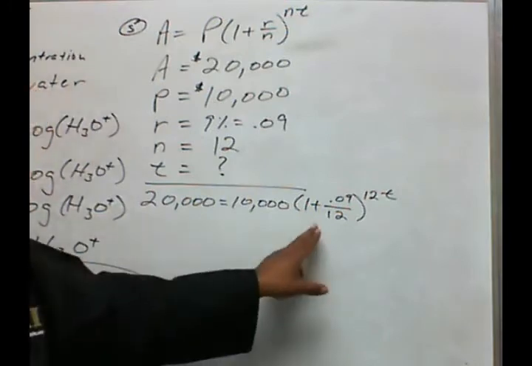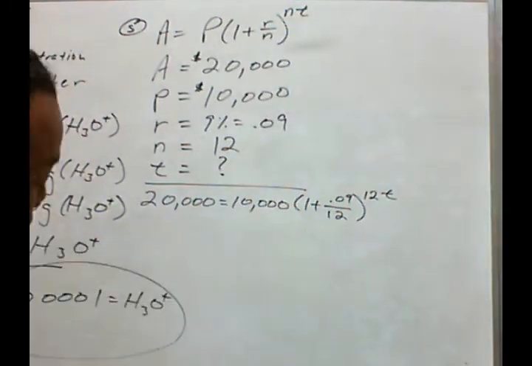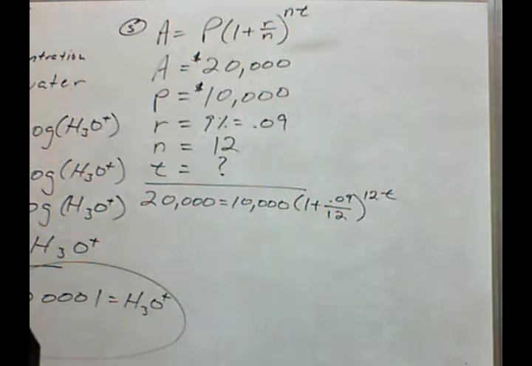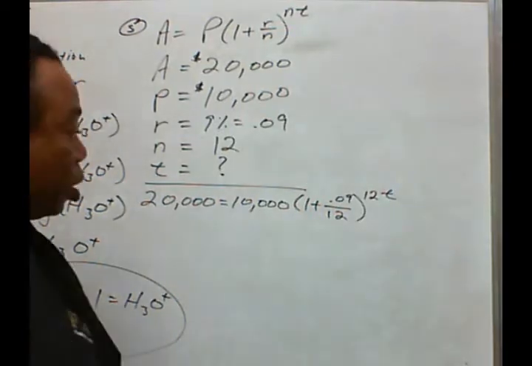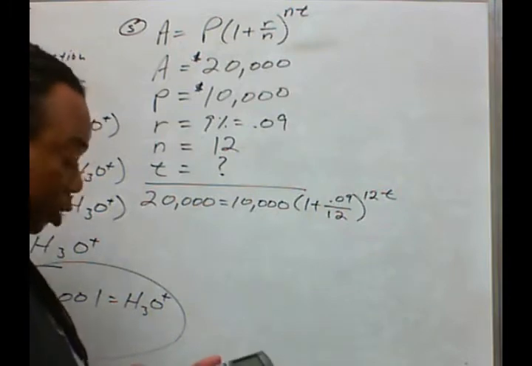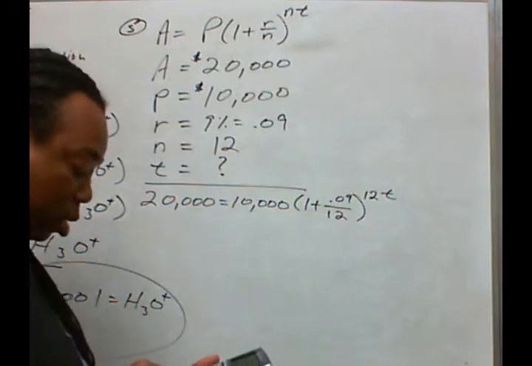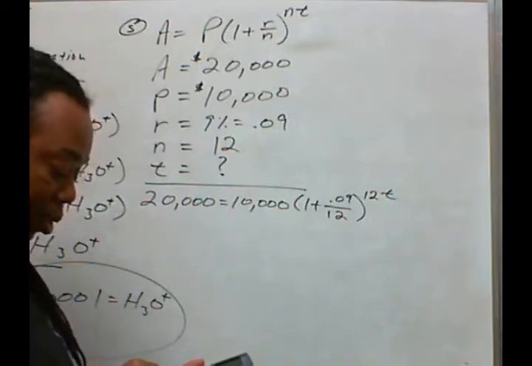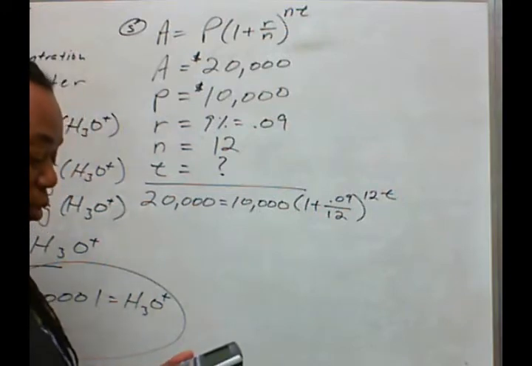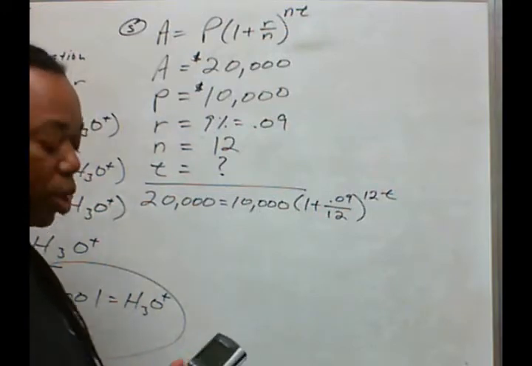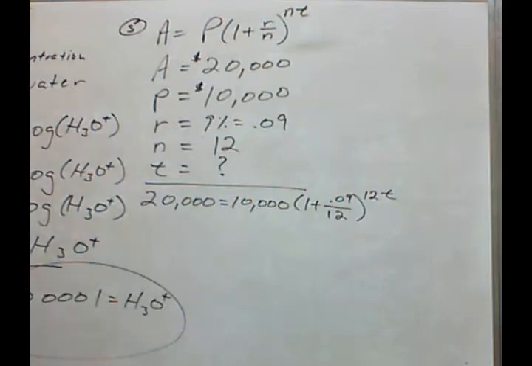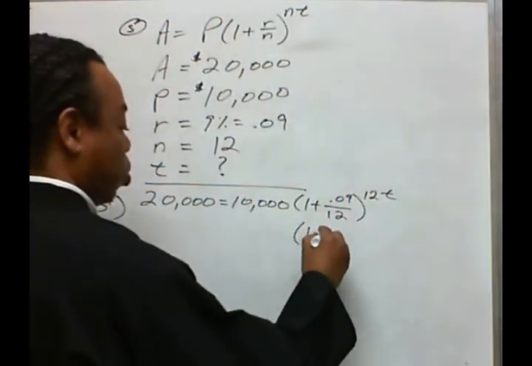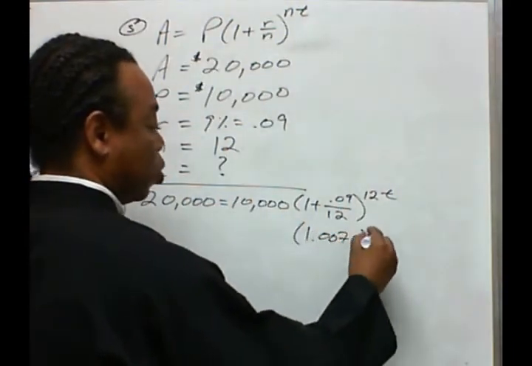Let's simplify this: 1 plus 0.09 divided by 12, which will give us 1.0075. So 1.0075 is the new base.